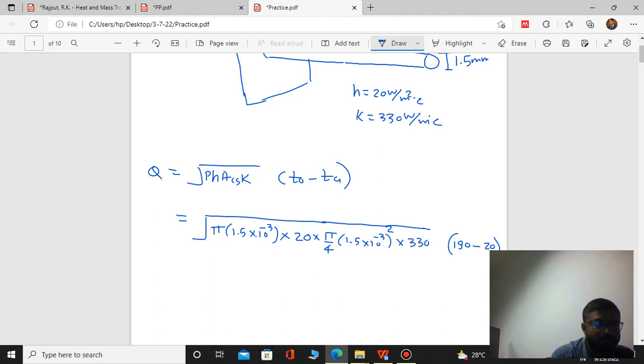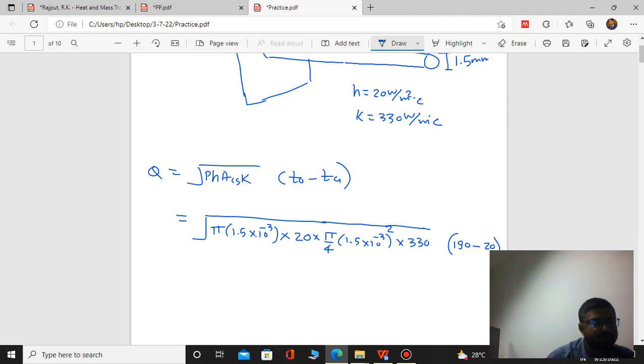Pi into 1.5 into 10 raised to minus 3 into 20 into shift pi into 1.5 into 10 raised to minus 3 whole square into 330, divide by 4, under root, answer, into 190 minus 20.